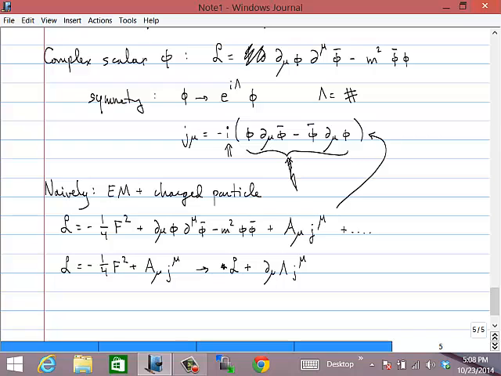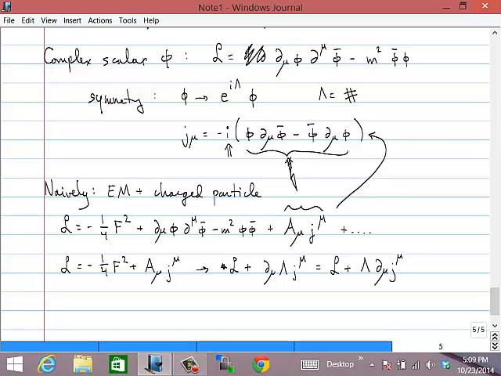So that means that the Lagrangian picks up a d mu lambda times j mu term, which, up to a total derivative term that you can eliminate by integration by parts, is lambda times d mu j mu. Okay. So the statement of whether or not the theory is gauge invariant is the same as the statement of whether or not the current is conserved. But the point is that the current is now not conserved. And it's not conserved because of the additional coupling term here and because of the fact that it depends on phi. Okay. So you're going to need to add another term to this Lagrangian in order to make this current conserved again.